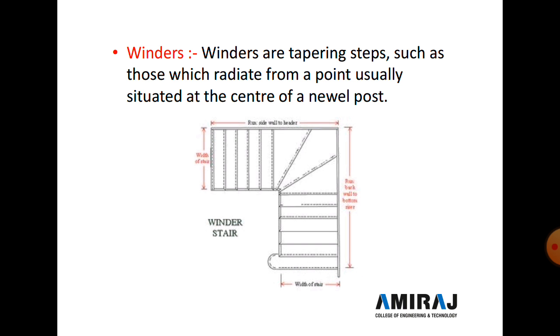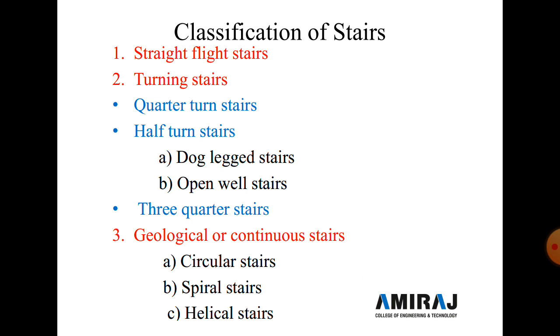From a single center, the winder steps are fixed, and these winder steps change the direction without any landing. The winder step sizes depend on the area given for constructing the steps, and also the requirement for the number of steps and the height of the building.